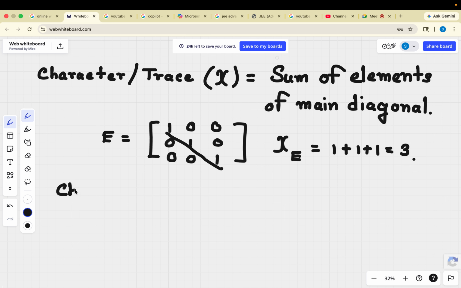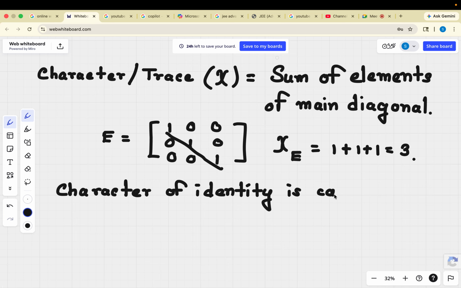Okay, so next write down that character of identity is called dimension.